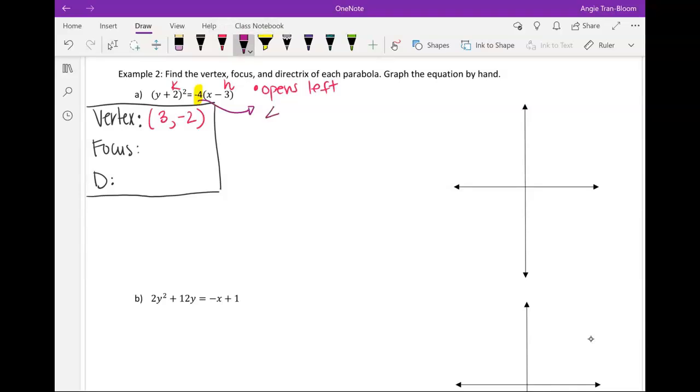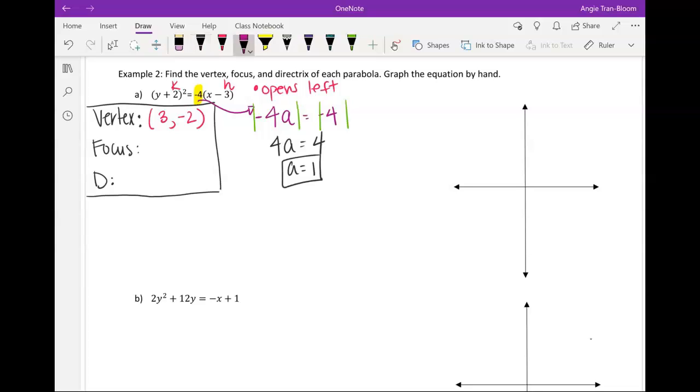So 4a, or -4a, equals -4, or you can think of it as the absolute value of those. Since it's an absolute value, it comes out to be 4a equals 4. a comes out to be 1 unit. If it's 1 unit, we know that from the vertex to the focus is 1 unit, and from the vertex to the directrix is also 1 unit apart.